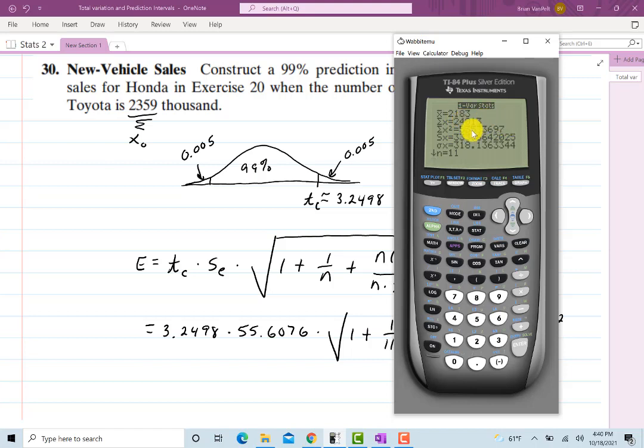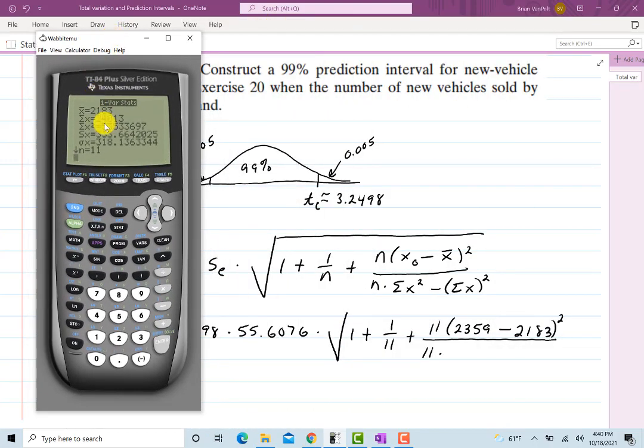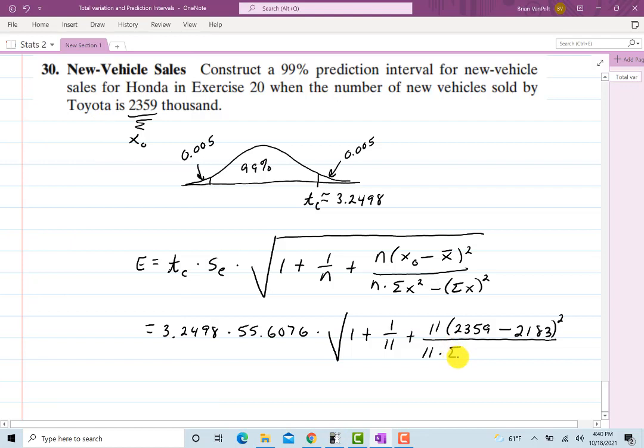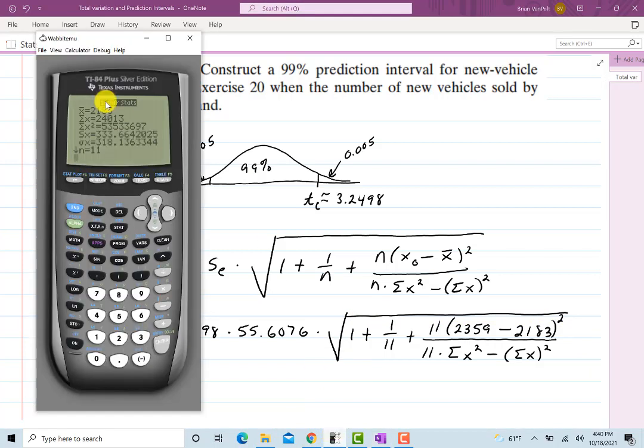I don't like it. So, well, I'll do this then. Let me compute that thing. I'll get it to 4 decimal places like the rest of them.